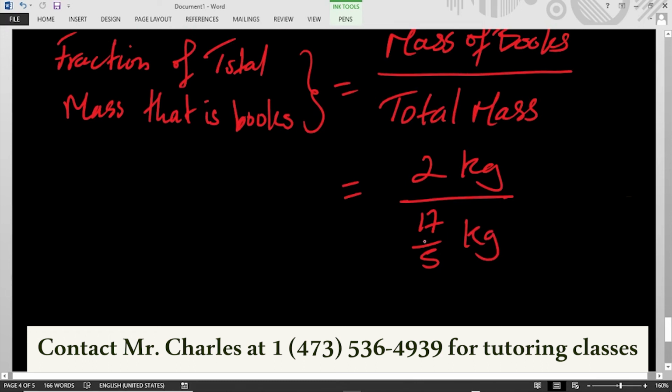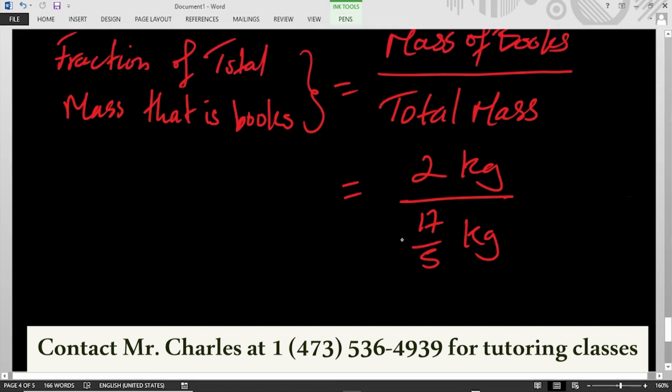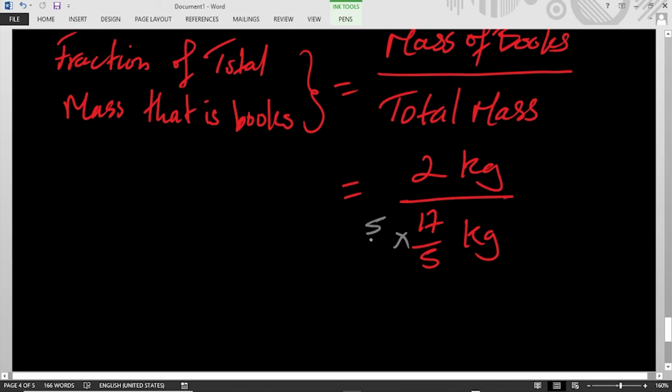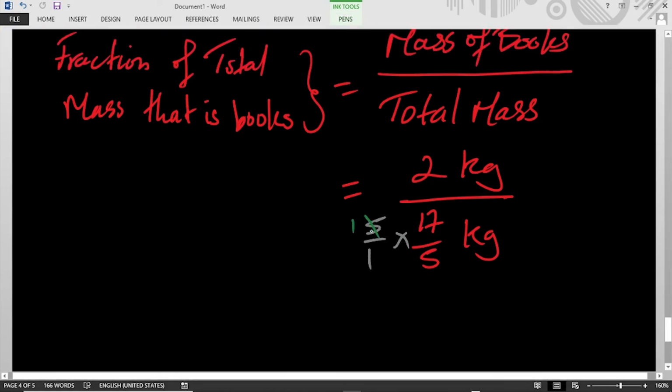So then we want to get rid of that fraction in the denominator there. What we would have to do is multiply by 5. If you multiply by 5 here, or 5 over 1, then the 5s would cancel. So 5 into 5 is 1, 5 into 5 is 1, and we will be left with 17 kilograms down there. As a matter of fact, kilograms would cancel kilograms, so we'd be left with 17 in the denominator.